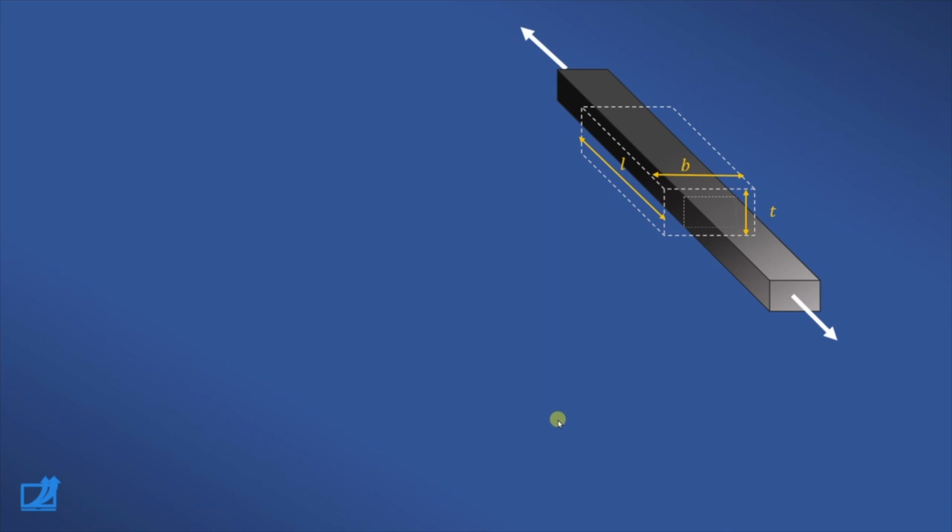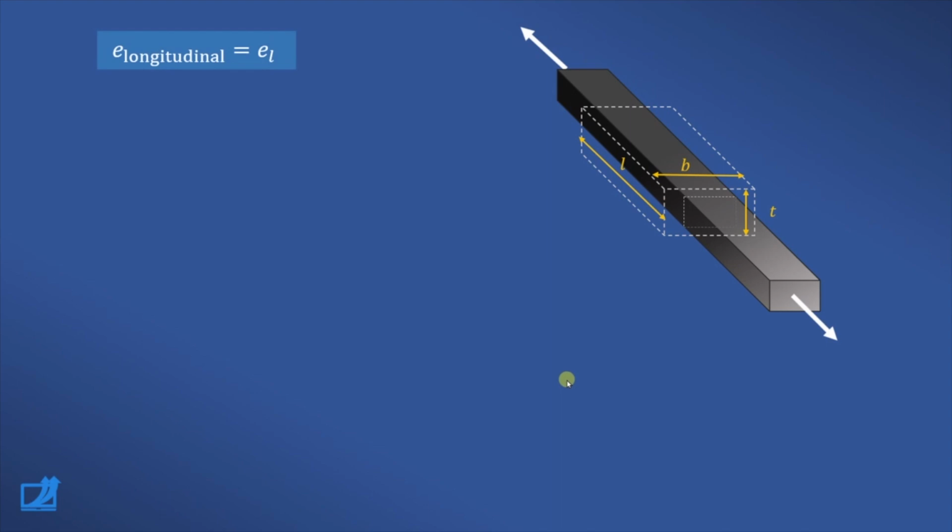Now take this example. It is a rectangular bar of length L, width B and thickness T. It is acted upon by a force along its length. The line of force is along its length. So in this case, strain in length is longitudinal strain. But when length increases, width reduces.